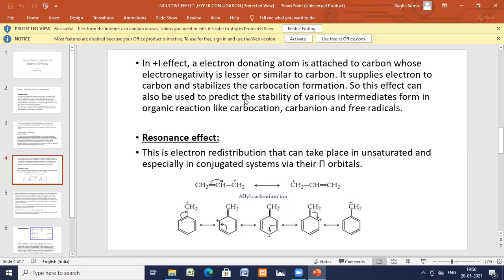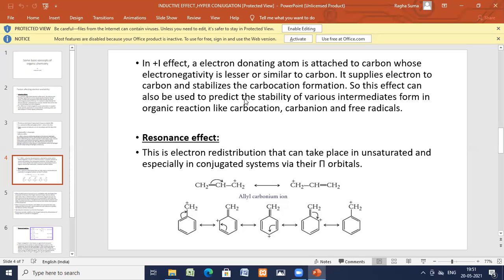Sorry. The first one is the tertiary alkyl group. The second one is not isopropyl, it is the secondary alkyl group, an example being isopropyl. And then primary alkyl groups. All these have plus I effect, donating capacity.